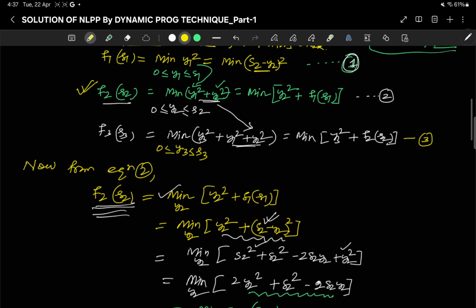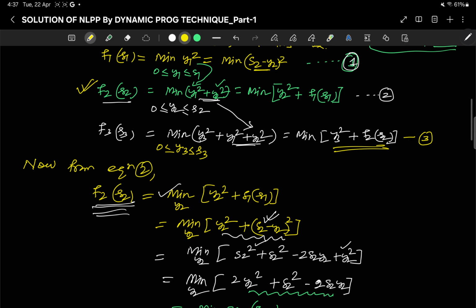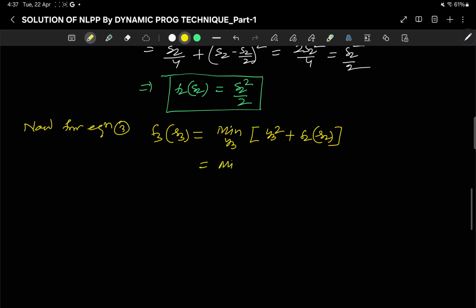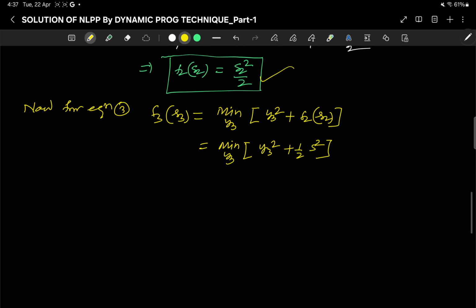The minimized f2(s2) we already have, so we write it: minimization over y3 of y3 square plus half s2 square.